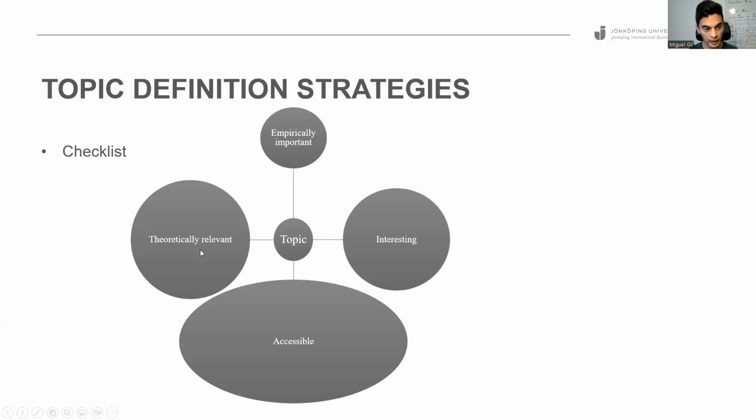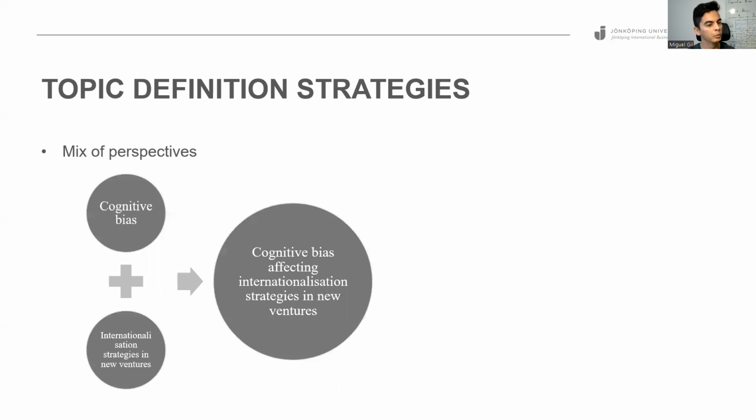We need to write why it is relevant, but it is theoretically relevant. It is interesting for me. I think cognitive bias is interesting, and internationalization as well, although I'm more in accounting. I like this topic. And it's empirically important, of course. It's great that we have more and more international new ventures, and it would be great if we understand the role of cognitive bias in that sense. So this is another strategy.